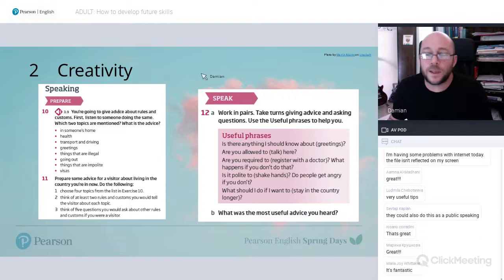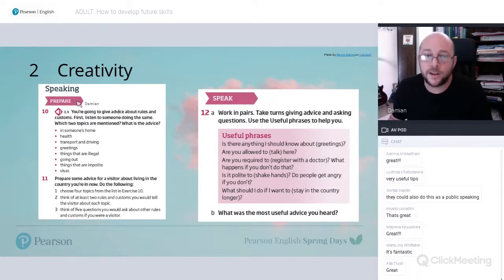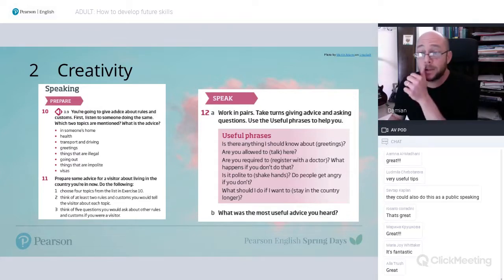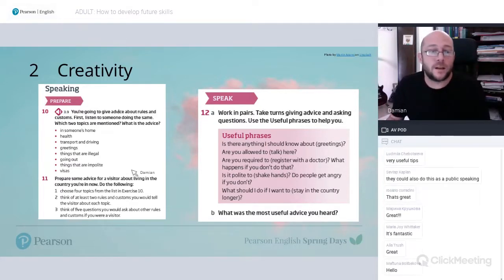And each final speaking activity is split further into a prepare stage and a speak stage, and then there's some reflection at the end. So in the prepare stage, they often listen to a model of someone doing the task, and this task is how to give advice about rules and customs for a visitor to the student's country.